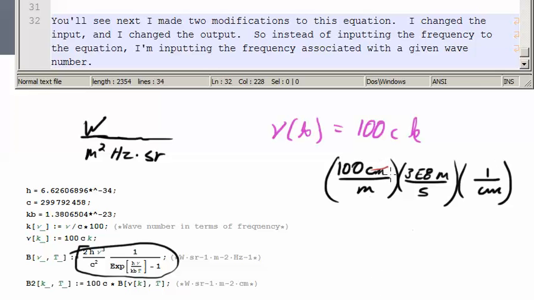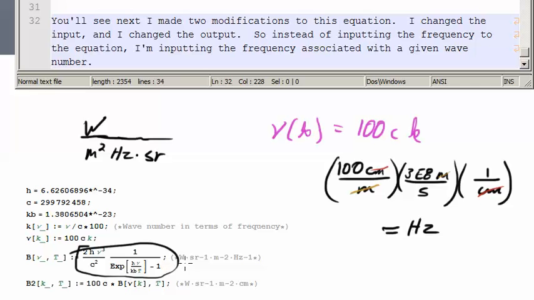We can then cancel out centimeters with centimeters, and meters with meters, and we're left with per second. We're left with hertz. And I take that frequency, which is in hertz, and plug it right there into our original equation.